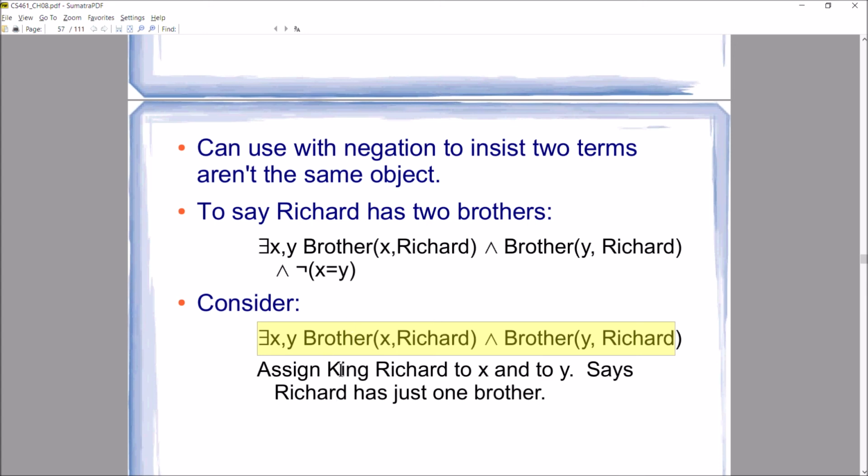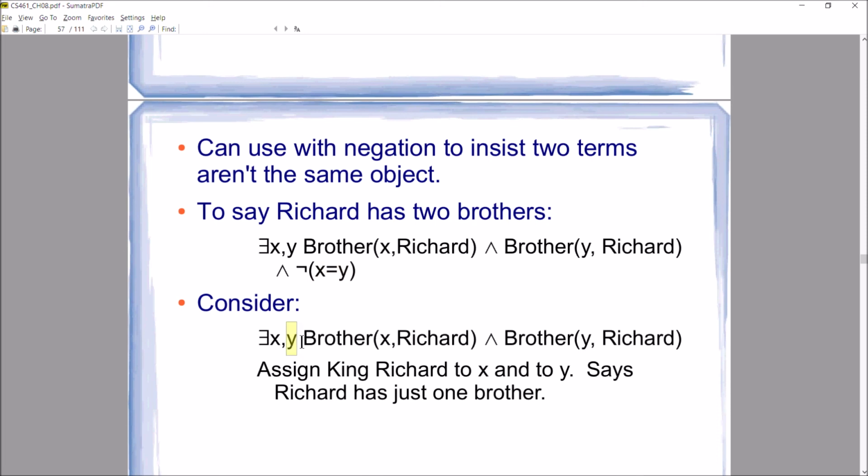And there's a mistake on the slide here which I need to correct, but I should say here assign King John to both X and Y, right? So if I assign King John to both X and Y, then you're saying, well, there exists somebody, and since you didn't say that they can't be the same, you could assign King John to Y also.